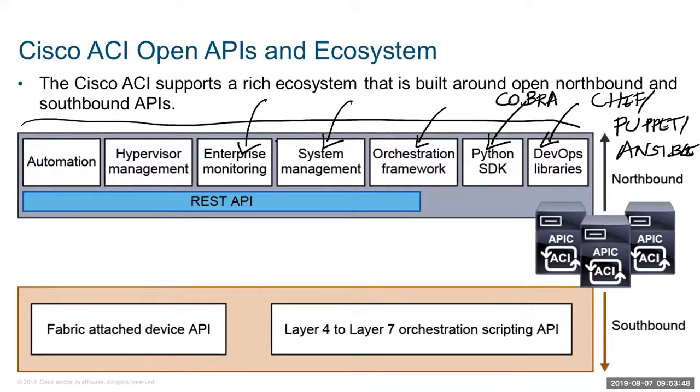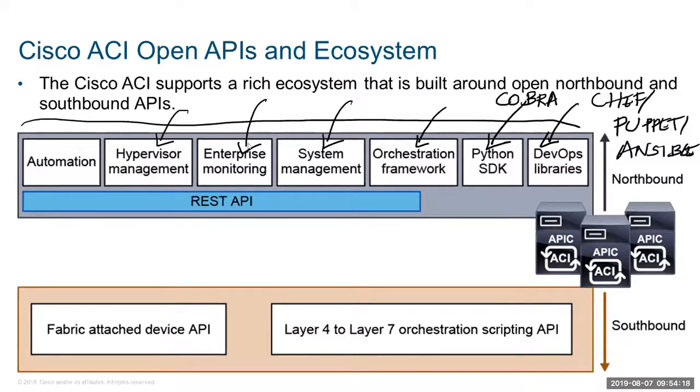IBM has enterprise monitoring products which communicate. VMware has their, what is it, their vCenter and hypervisor management product, or you have the Microsoft SCVMM. And then, of course, we have a lot of third-party automation products that all speak through the REST API.